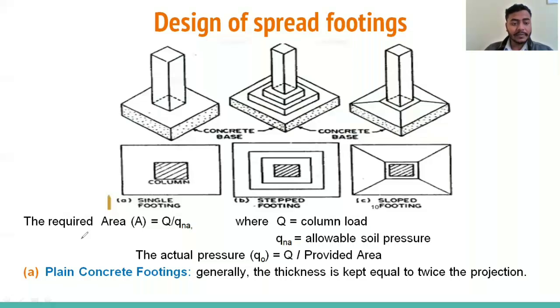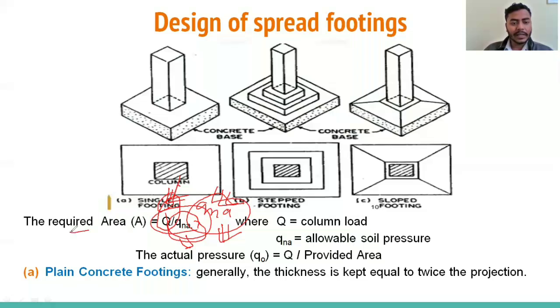So first, suppose the load coming on the column is P, we have to design for this. So we have the Q, and we have this Q_na, found by performing some test like bearing capacity, and then you apply some factor of safety. Then we get Q_na. So before designing a footing, we have to know what Q_na is. Okay, and the load is coming, so we know both the things, right?